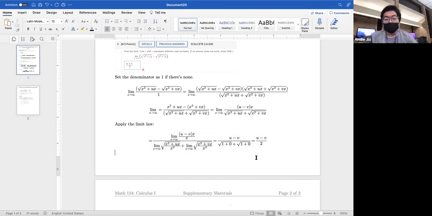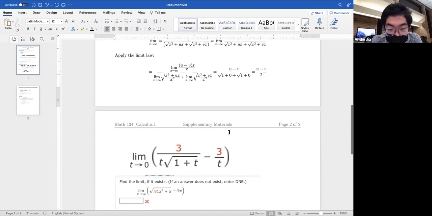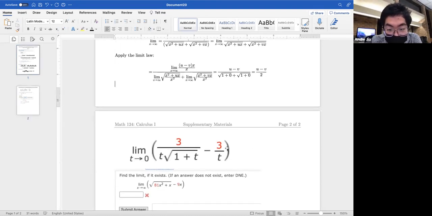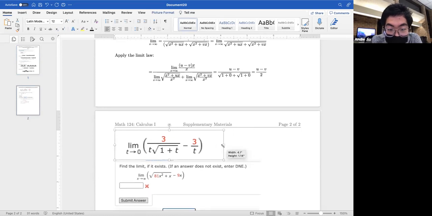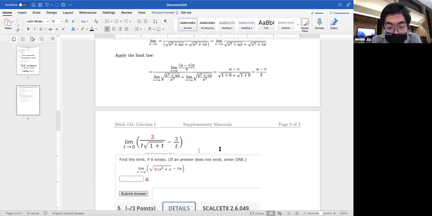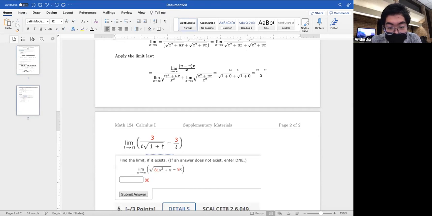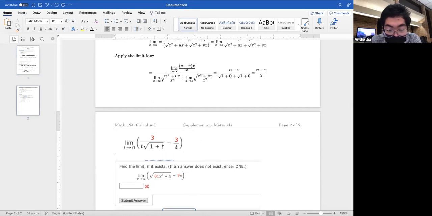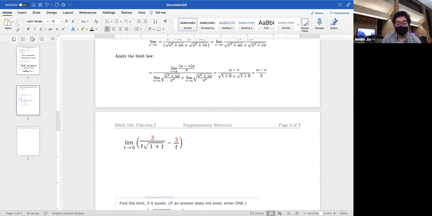Okay, it's the same drill, but let's take care of this limit. In this case you have two different denominators, so you need to set a common denominator.